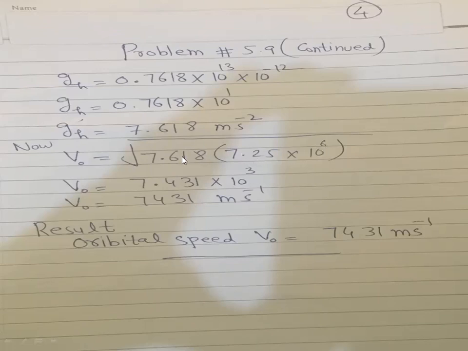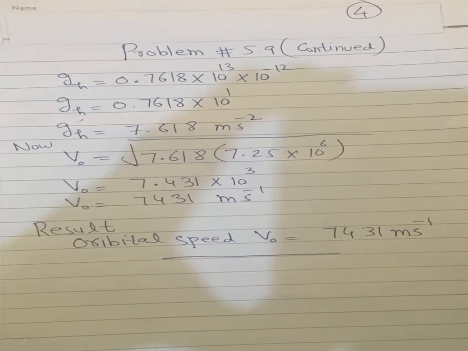Multiply and take the square root of these values. You will get 7.431 into 10 power 3. So if you multiply 10 power 3 with 7.431, you will get orbital speed, which is 7431 meter per second, which is the right result.